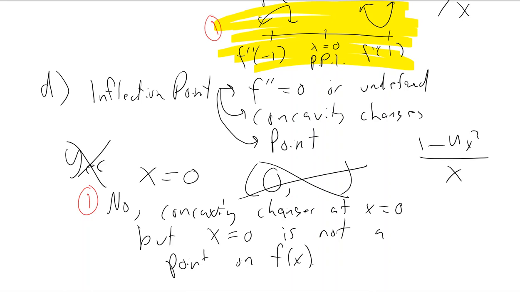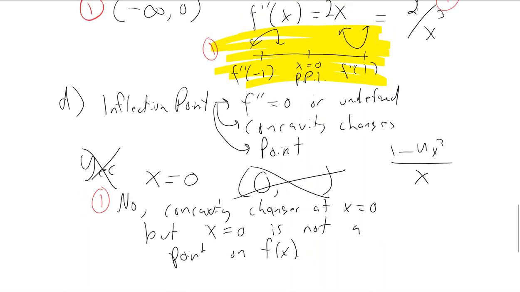I think that would be plenty of explanation. So that does come up. I don't just emphasize that randomly, that you've got to be cautious there. It's easy to say yes because the concavity is changing, but if it's not a point, it can't be an inflection point. Okay, so same thing.